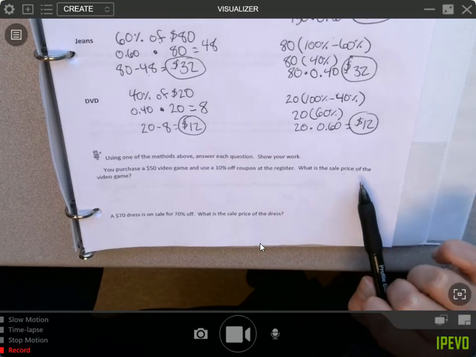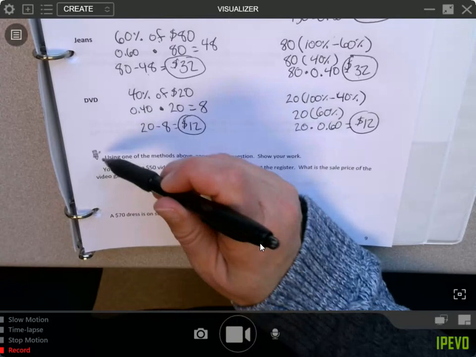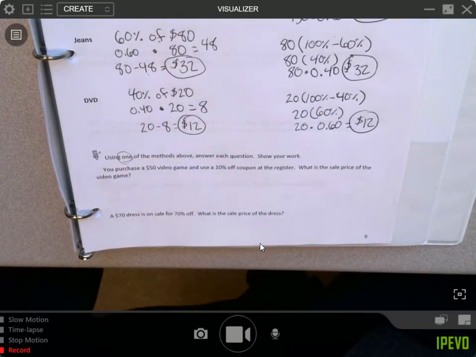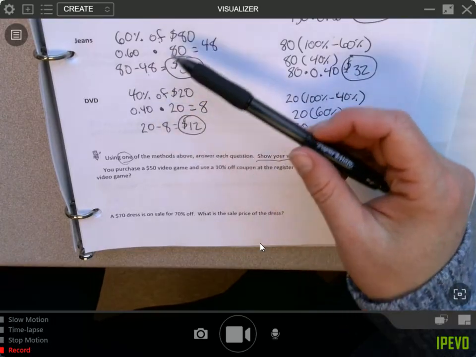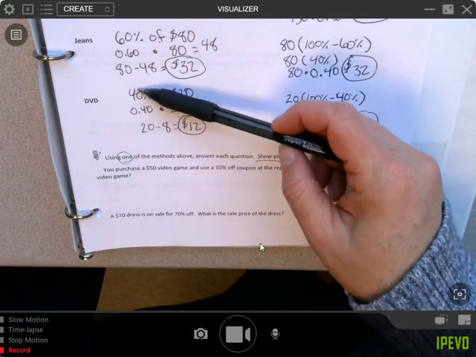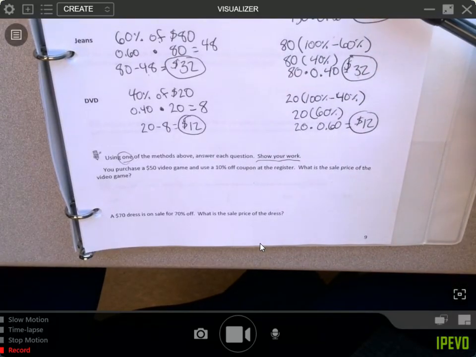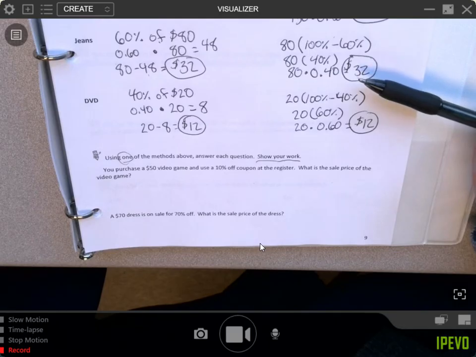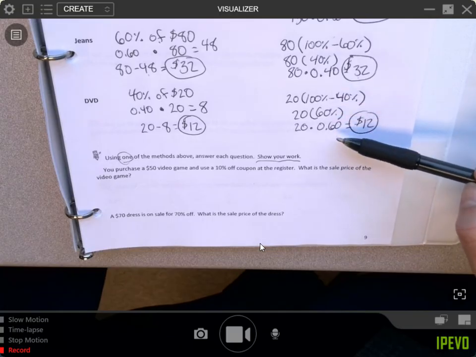What is the sale price of the video game? It says using one of the methods above, and we need to show our work. So if you're going to use finding the discount first, you're going to write out those steps. If you're going to use the formula, original times in parentheses 100% minus the percentage, you're going to write out the steps that you're using.